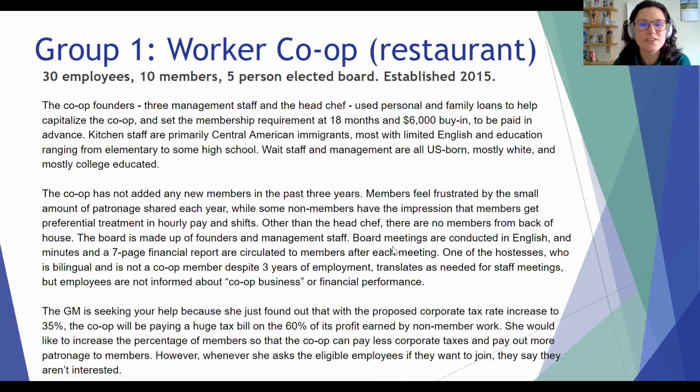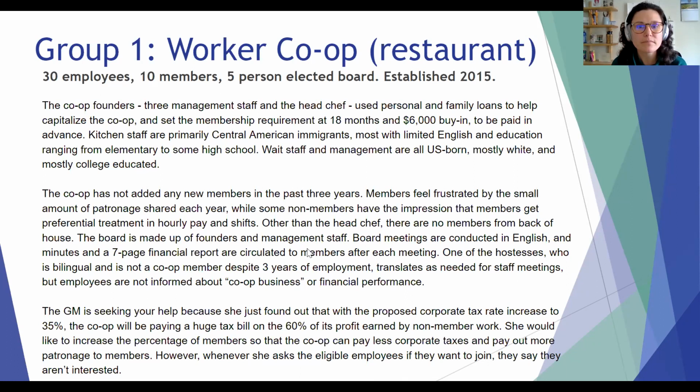As a result, the co-op would have to start paying a higher tax bill on the profit that's earned by the non-members. So the non-members in the kitchen begin to get approached: hey, would you want to join? Because obviously this would increase the profitability of the co-op and benefit all people as members. But it sounds like folks have been saying, actually, no, I'm not interested in joining.